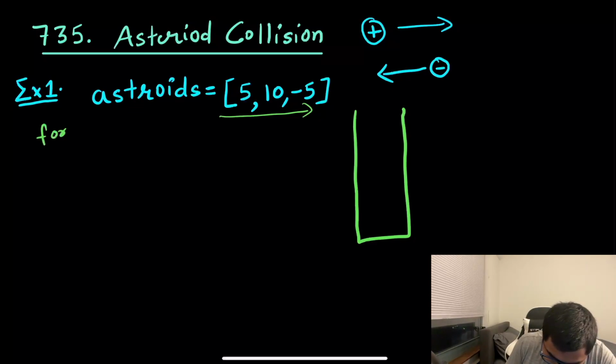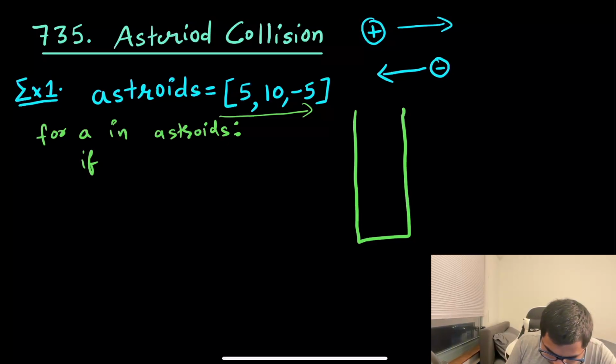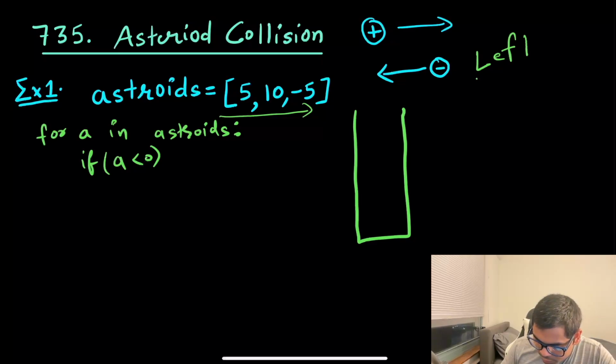So let's say for A in asteroids, there are two conditions. If either A is less than 0, that means this condition, left condition, my asteroid is going to left.